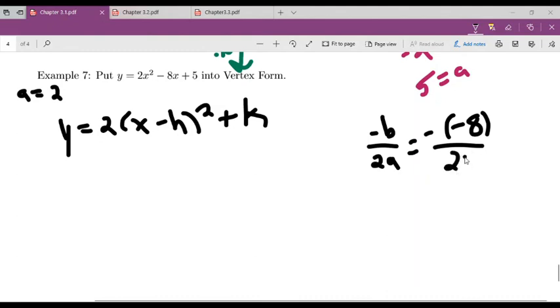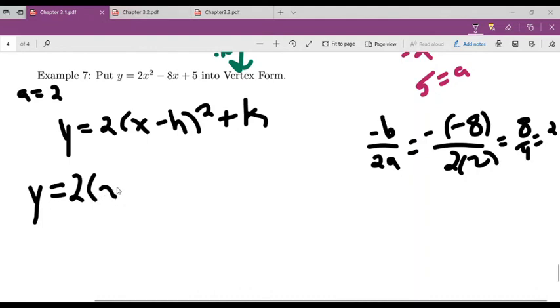Our a here is 2. So that's actually going to be a positive 8 over 4, which is the same thing as 2. So our h is a 2 as well. So we get y equals 2 times x minus 2 squared.